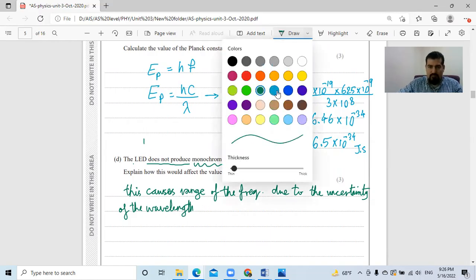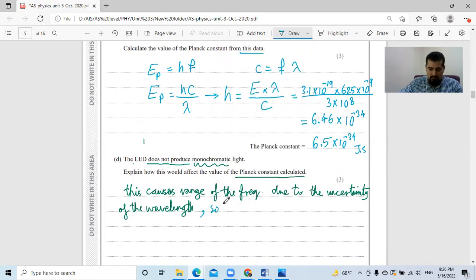So there will be a range of values of Planck constant, and it has uncertainty.